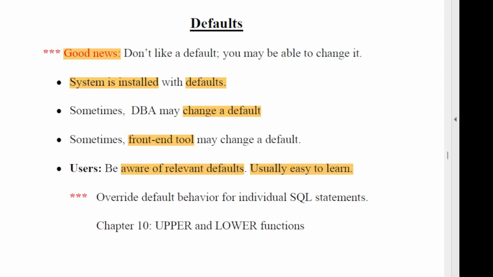For example, where state equals 'az', where az is lowercase. If you get a hit, it means it's case insensitive. If you get a no hit, it's case sensitive. You can find out pretty easily with a little experimentation whether your system or your database in particular is case sensitive or insensitive.